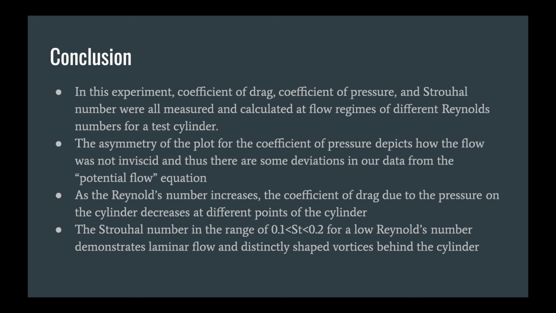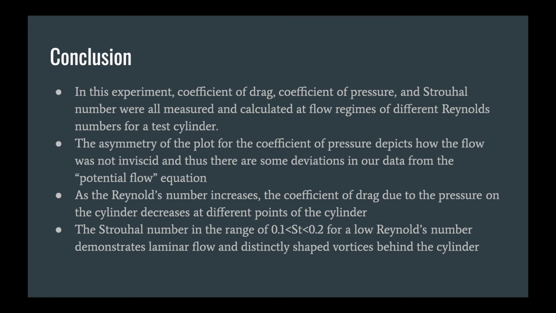In this experiment, we calculated the coefficients of drag, pressure, and the Strouhal number based on measurements taken at different flow regimes for different Reynolds numbers. For the coefficient of pressure, slight deviations from symmetry illustrate how the flow was not entirely inviscid, which is why our data didn't completely match the theoretical potential flow equation.